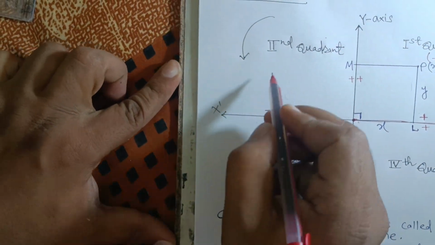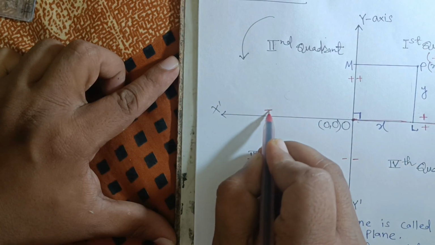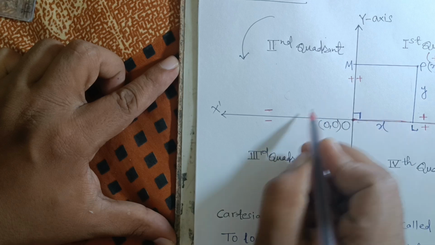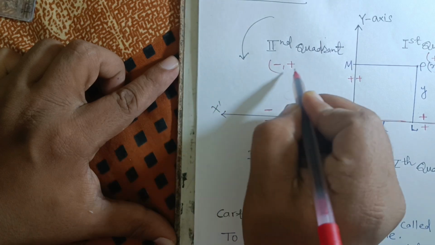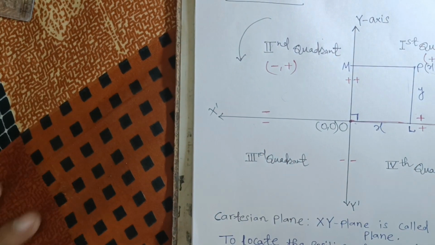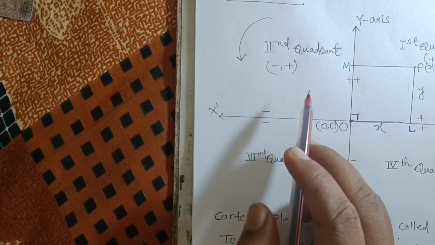For second quadrant, x is negative and y is positive, means minus comma plus. We should maintain the order while writing the coordinates, first the x coordinate and second the y coordinate.